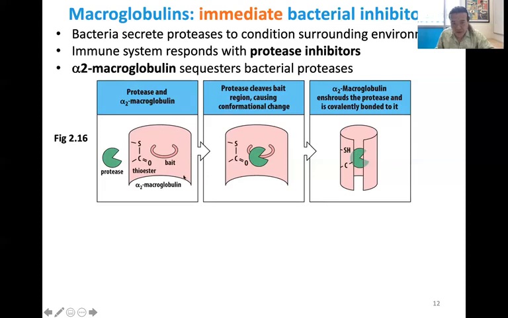If you imagine this pink curtain as actually a three-dimensional long peptide chain, part of that chain is presented over here as this bait, right? And it's in a position exposed to the outside, so that if a protease comes along and wants to interact with a protein and cleave it and destroy it, that green Pac-Man will come and take the bait, and it cleaves this part of the peptide chain.